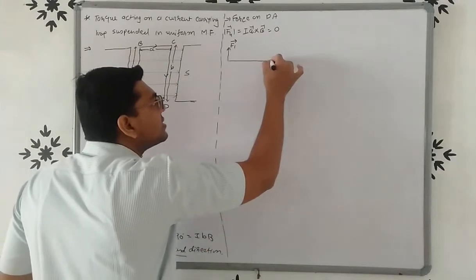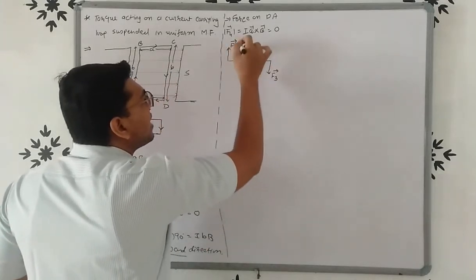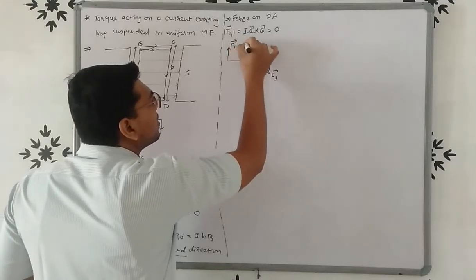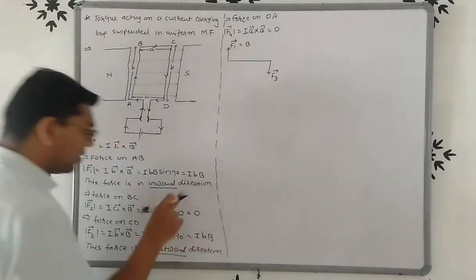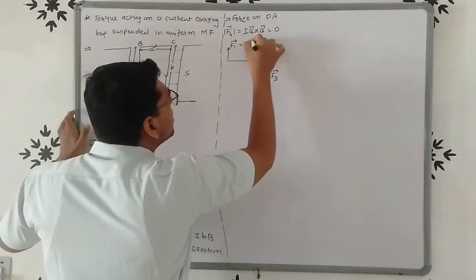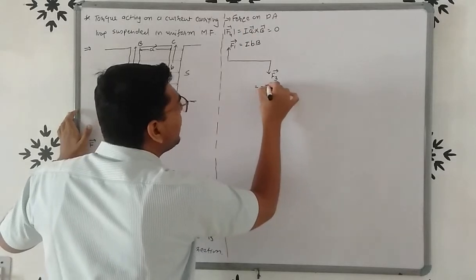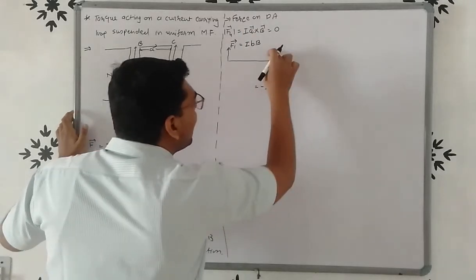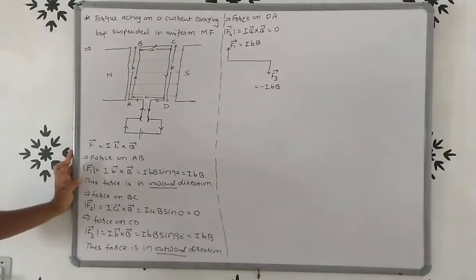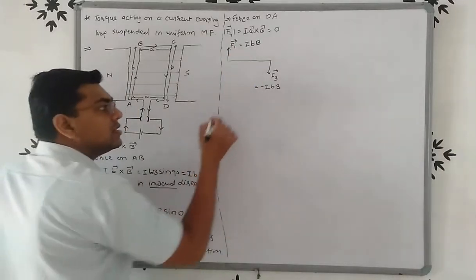So it will be like this. So here F1 is I small b capital B, and this force F3 will be minus I small b capital B. Why? Because the direction is opposite. So we can say that the total force is 0.